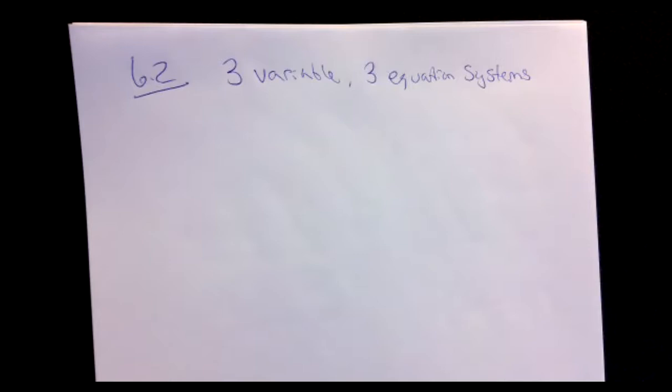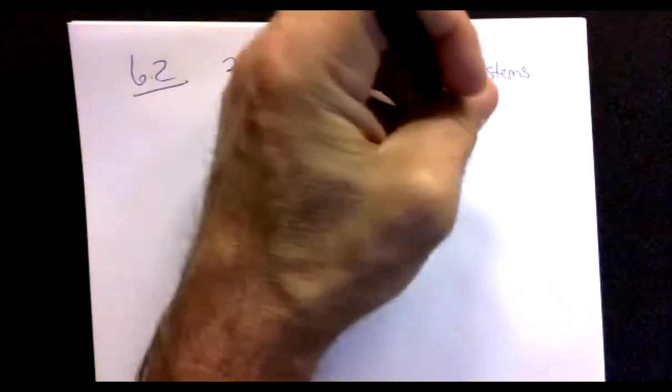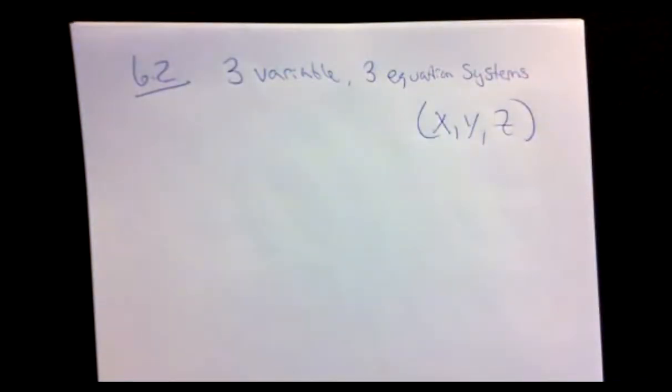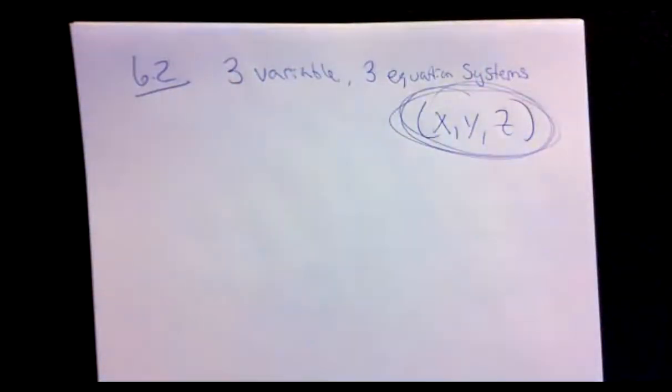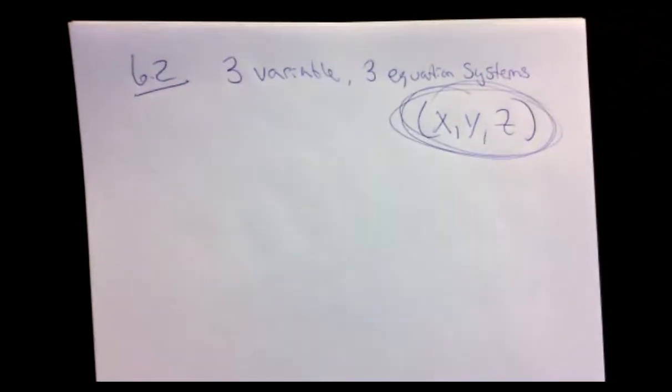Now, again, I'm going to preempt this by saying it is entirely possible to get a bunch of different kinds of solutions. We're not going to deal with that. Every one of the systems we solve will end up with a pretty little x, y, z solution. So everything we're going to be doing will solve nicely. There are situations where that is not the case. That is beyond the scope of this course.